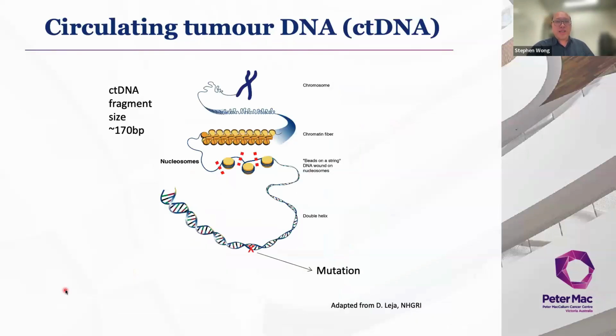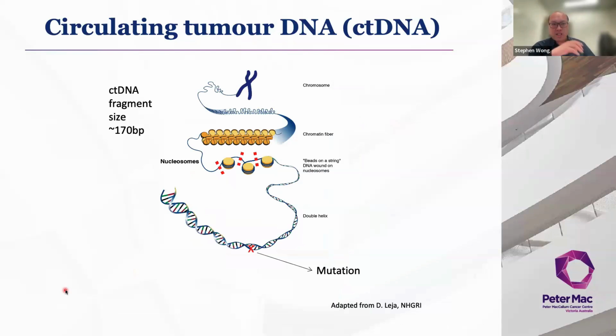We know that in the human body, each cell releases cell-free DNA molecules into the bloodstream. These are often very short, about 170 base pairs in fragment length, and have a very short half-life of about 1 to 2 hours. Importantly, we know that cancer patients also release their cell-free DNA into the circulation.